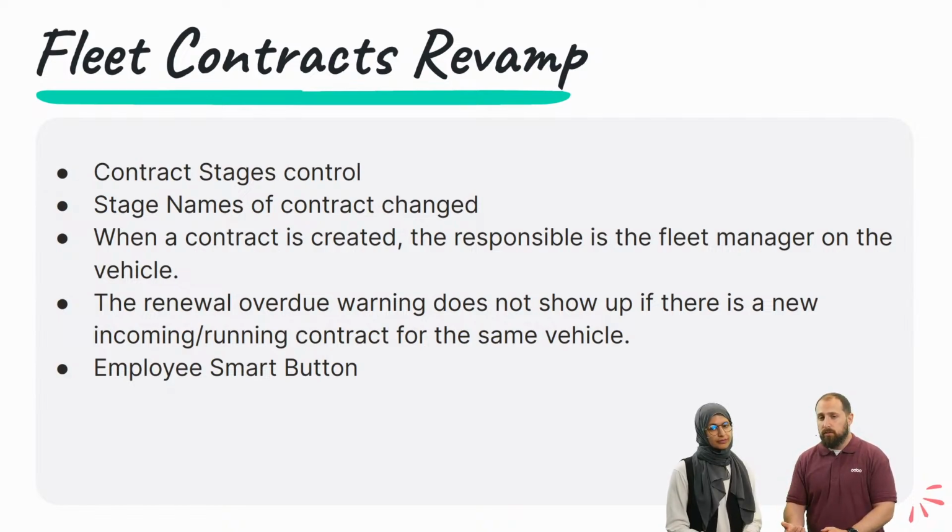We've got also a better renewal overdue warning, while before it was keeping showing even if you already took an action, like you have an upcoming, incoming running contract that arrives. So now the warning is gone if you have an incoming contract arriving. And also you've got the employee smart button that is directly visible on the vehicles as well.